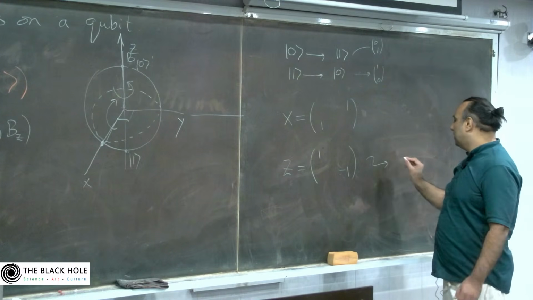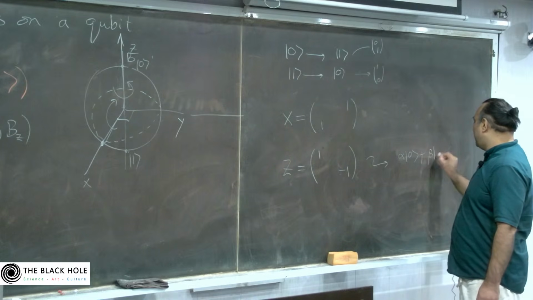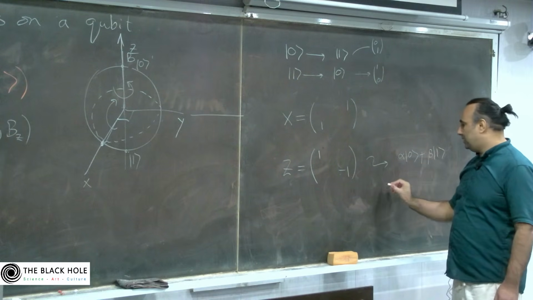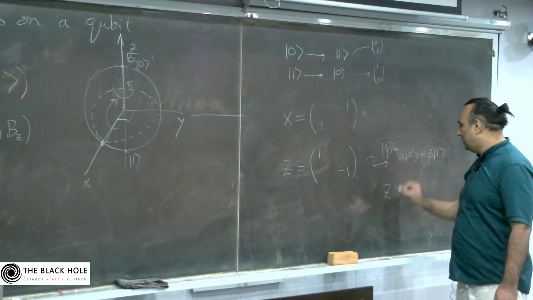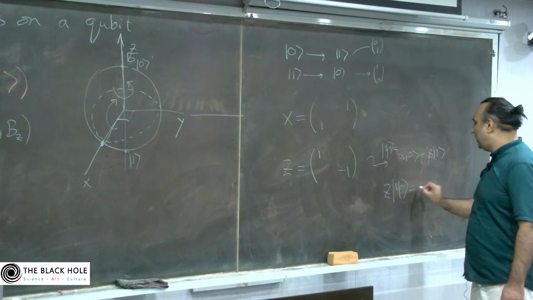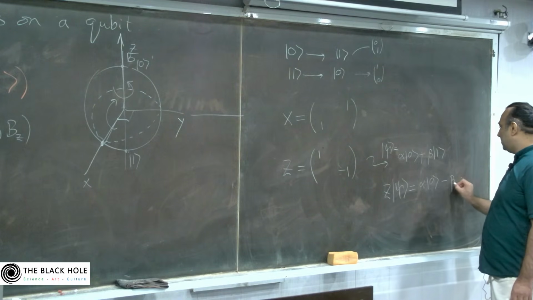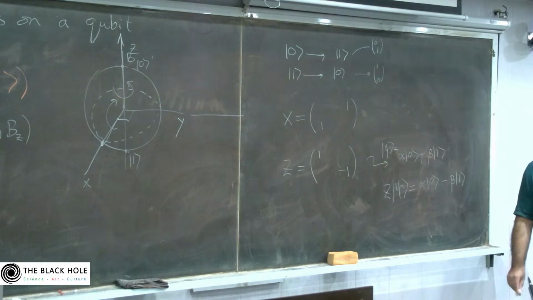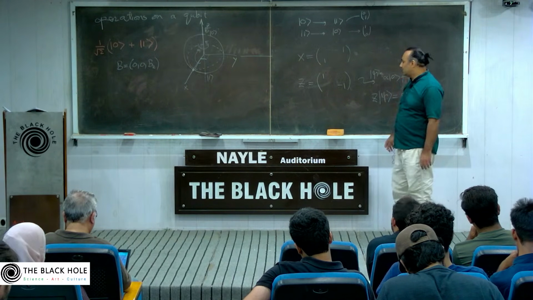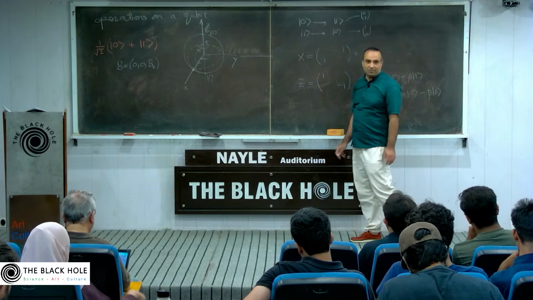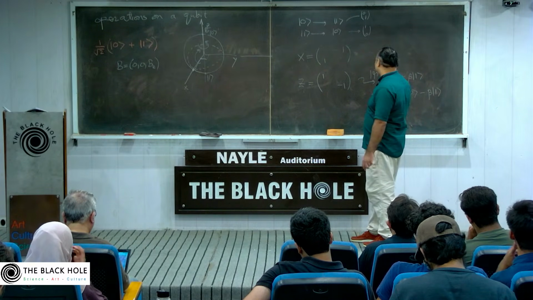So if it's alpha 0 plus beta 1, suppose this state is phi, then z on phi will be alpha 0 minus beta 1. This is another kind of operation. You can think of many operations, but these two are very important. I will be using them in the teleportation of a quantum state.